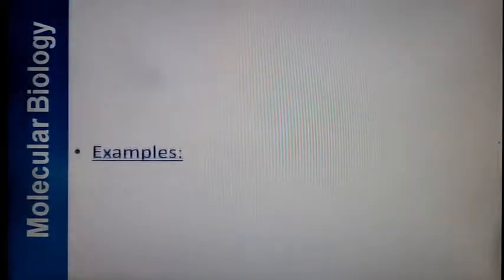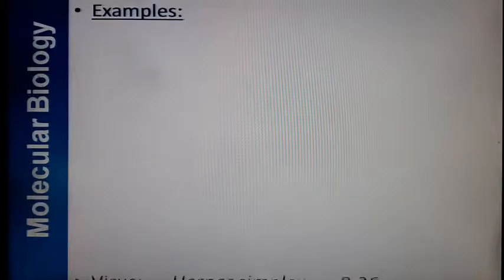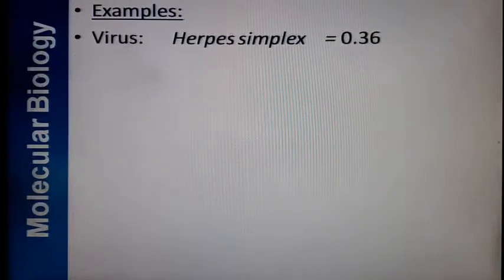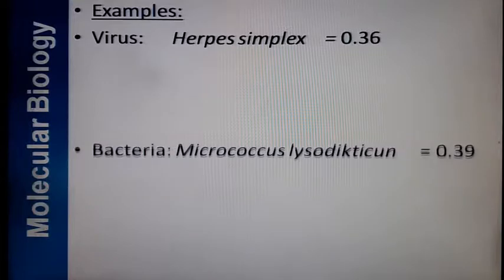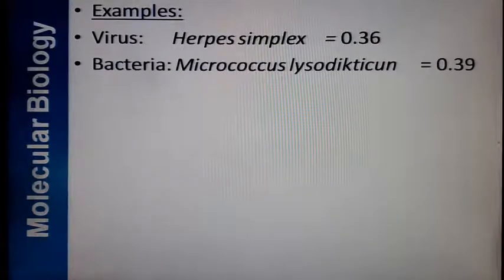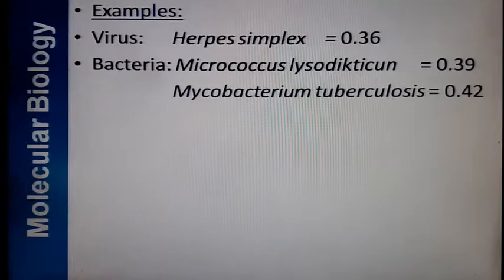For example, I have taken examples from the table given by Chargaff himself. The virus herpes simplex has an AT by GC ratio of 0.36. The bacterium Micrococcus lysodeikticus has 0.39 and Mycobacterium tuberculosis has 0.42. So these 3 are examples having an AT by GC ratio less than 1.